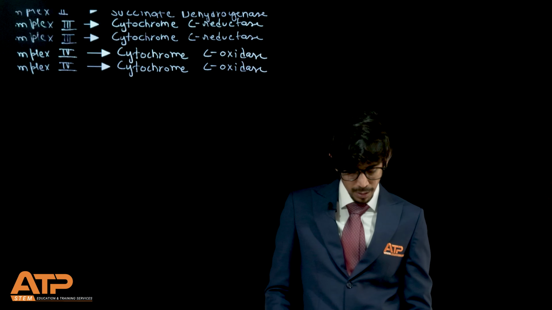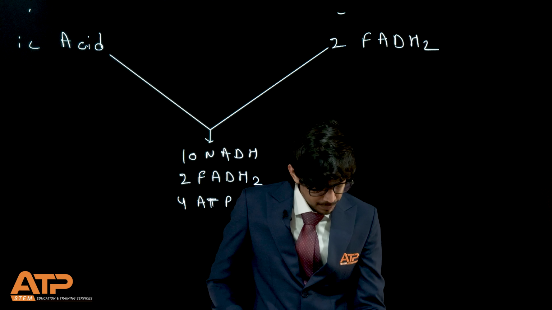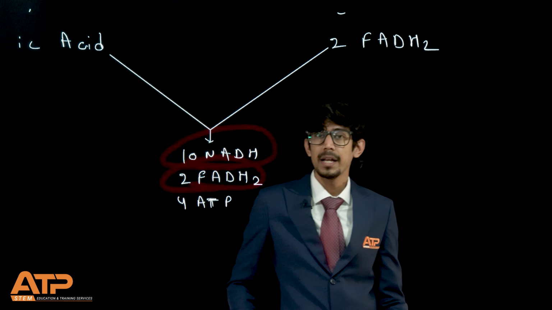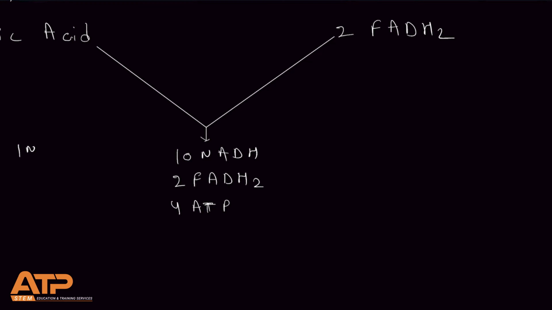Now the question is, how many NADH and FADH2 did we have at the beginning of ETS? I told you at the very beginning that we had 10 NADH and 2 FADH2. So if one NADH produces 3 ATP, then how many will 10 NADH produce? We have to multiply by 3, we will get what? 30 ATP.